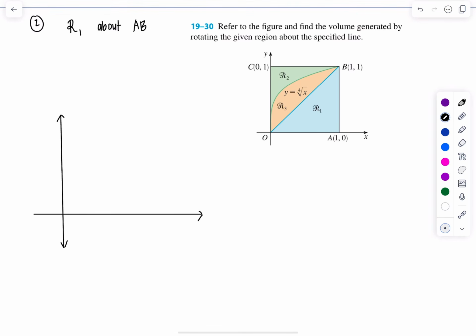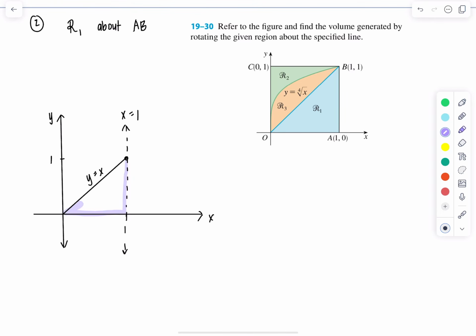Again, I'm just going to draw everything over here for myself so I can show what the solid will look like, okay? X, Y. Here's the point. This is what we're spinning around. This is AB. This is x equals 1. And again, I'm spinning region 1. Okay. Boom. So this is y equals x. And let's switch it up.